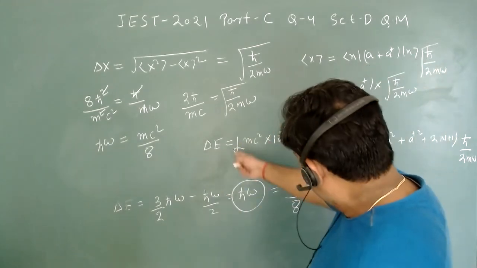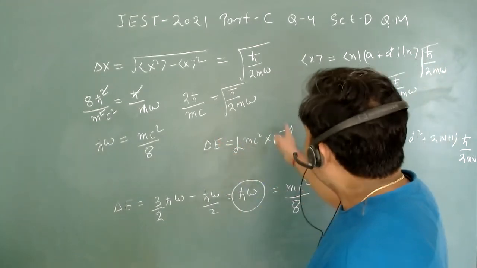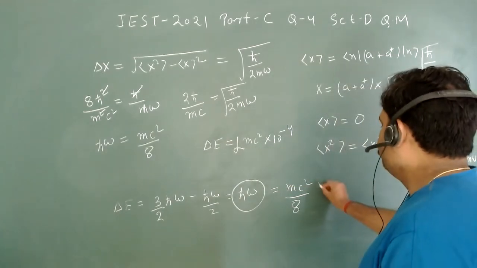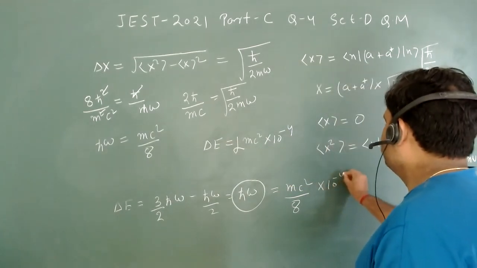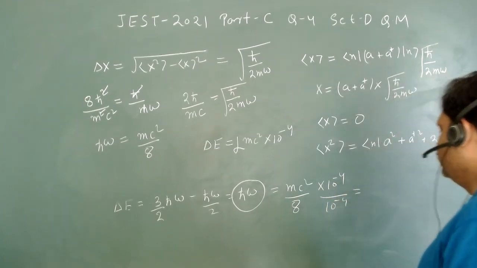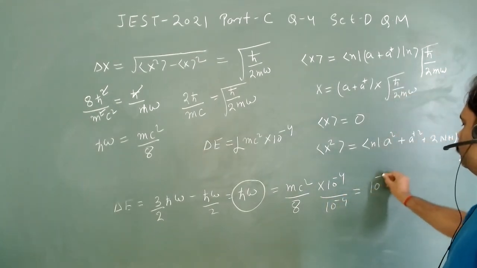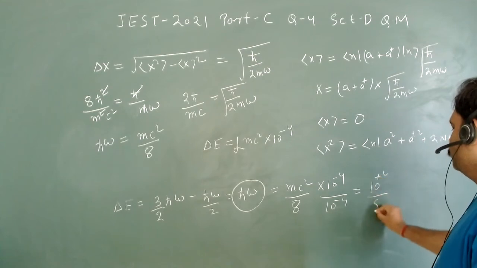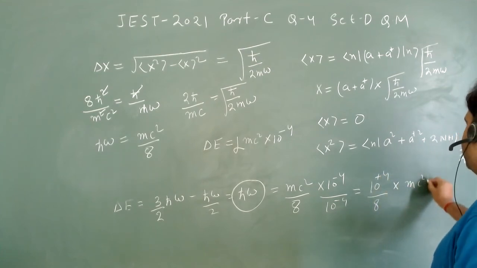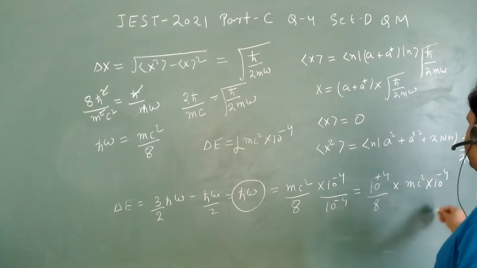Now we have to write delta E in this particular form. What we have to do is multiply by 10 to the power minus 4 and then divide by 10 to the power minus 4. This value is 10 to the power plus 4 by 8 into mc square into 10 to the power minus 4.